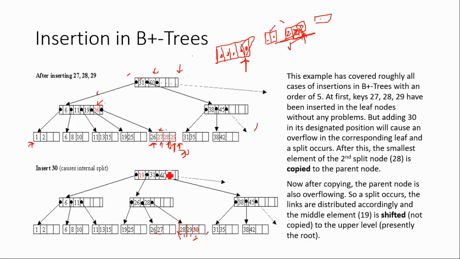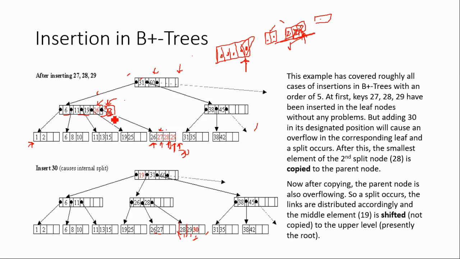So we have to copy this 28 beside this node. This 28 will be copied to the parent node, and this parent node now will have 5 elements: 6, 11, 19, 26, 28.